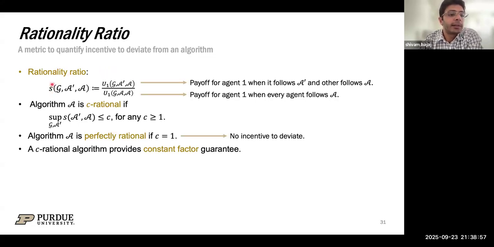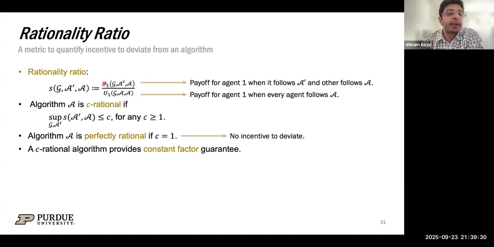If I denote the rationality ratio with the letter S, it's a fraction between the payoffs of the same agent. In this example, I'm considering agent 1. In the numerator, it's the payoff of agent 1 for a game G when agent 1 follows algorithm A prime and every other agent follows algorithm A. In the denominator, I have the payoff for the same agent and for the same game, but now agent 1 follows the same algorithm as every other agent.